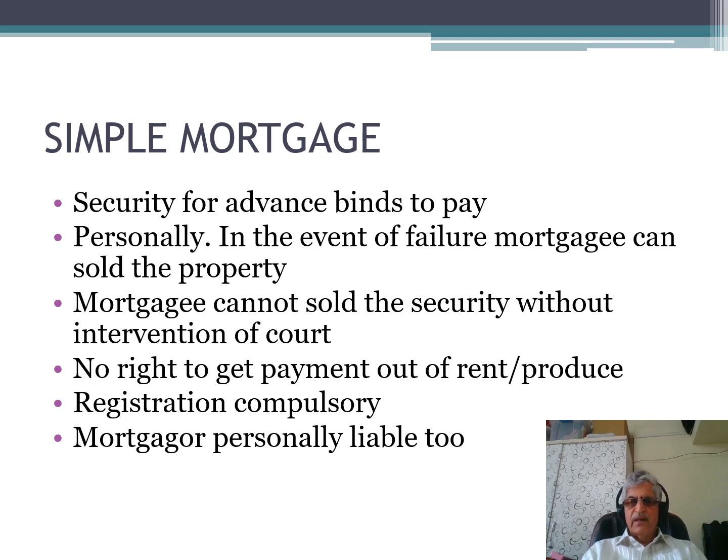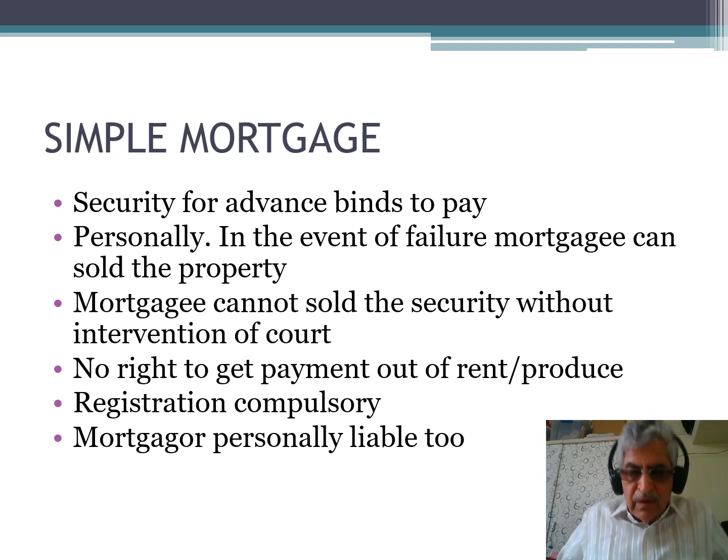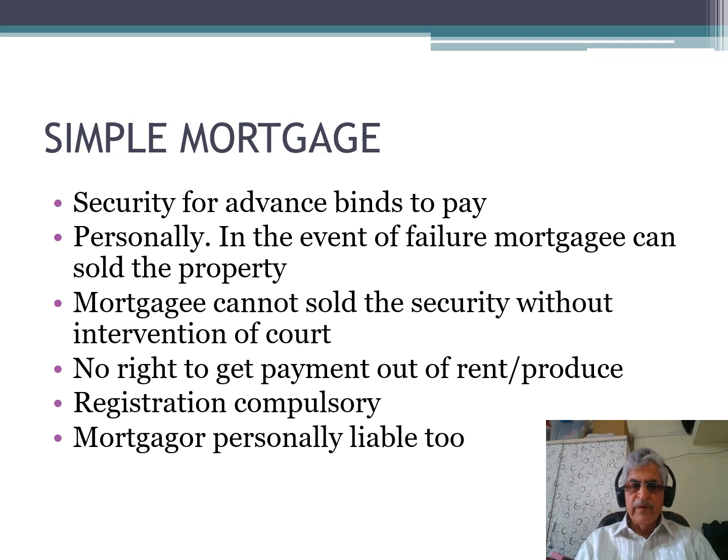Say you have received only 47 lakhs of rupees. Then for the remaining 3 lakhs, the mortgagor is liable. So whatever the balance amount or residue remains can be recovered from the mortgagor in his personal capacity.